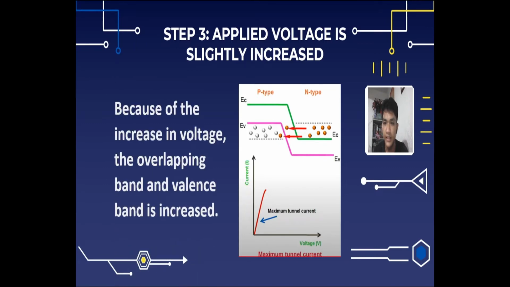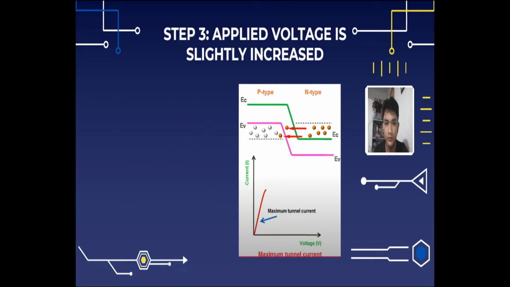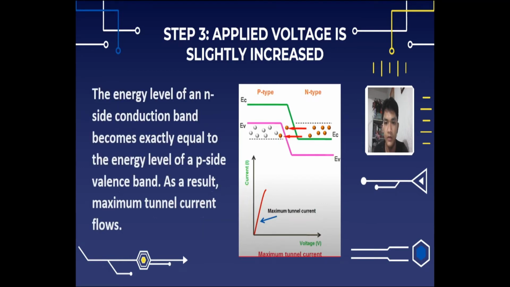Because of the increase in voltage, the overlapping of the conduction band and valence band is increased, and the energy level of the N-side conduction band becomes exactly equal to the energy level of the P-side valence band. As a result, maximum tunnel current flows.